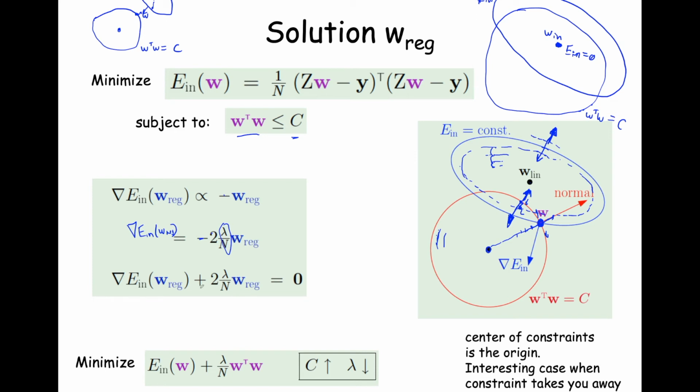What gives you 2 times some value? That's value times itself. So that is just the result of taking the derivative of lambda upon n W transpose W. If we take the derivative of that, it's just 2 times lambda upon n W.